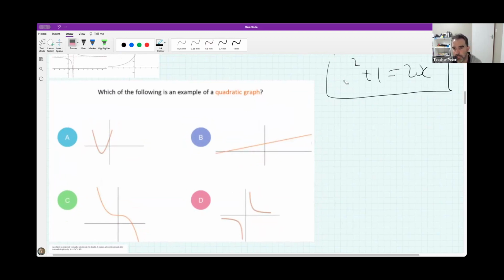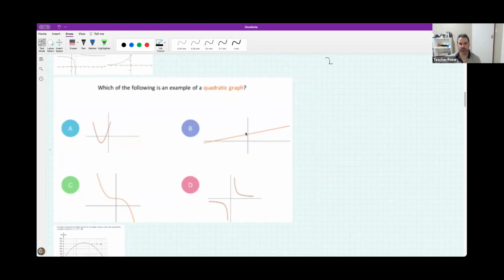Which of the 4 options is going to relate to it? I think because of the happy, unhappy thing, you can see that it must be A. Because it's that happy type shape.